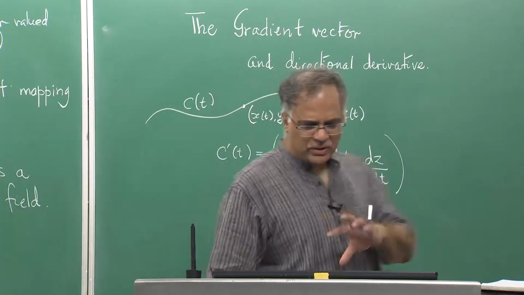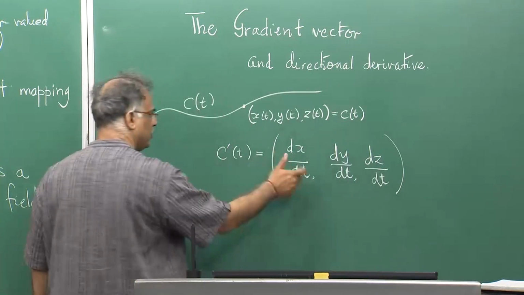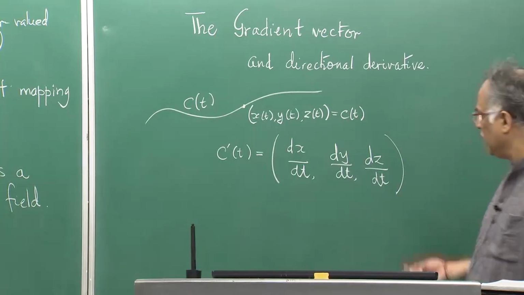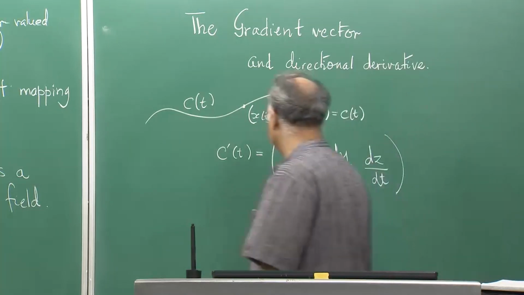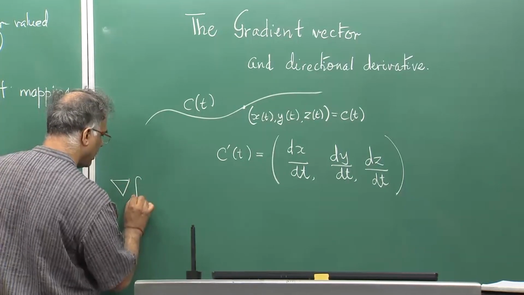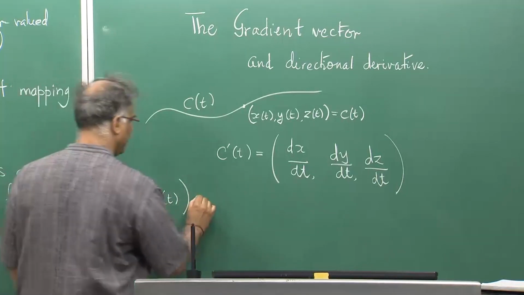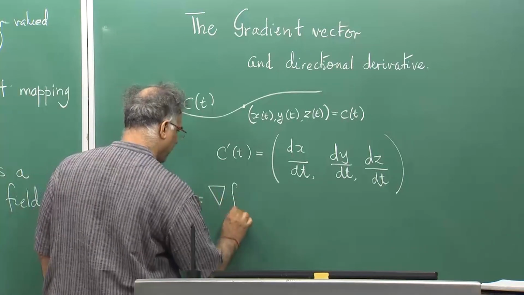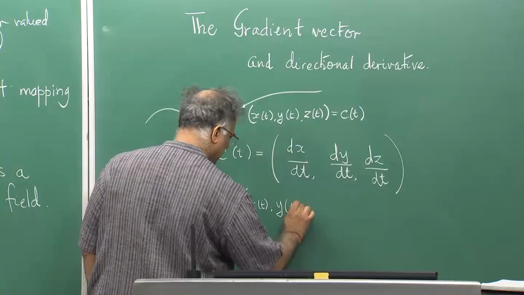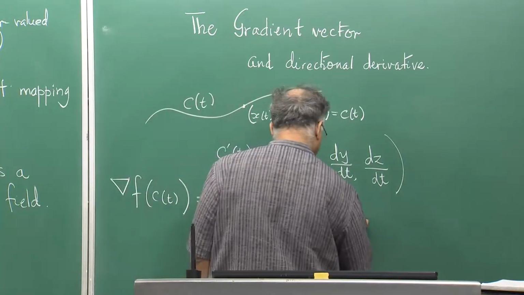If you look at this whole thing, this is basically a dot product you have to do with the gradient of this. But what is the gradient of this? The gradient of f at c(t) means the gradient of f at x(t), y(t), z(t).